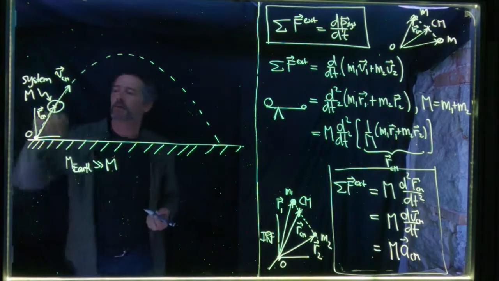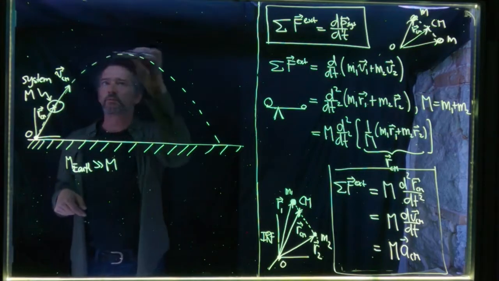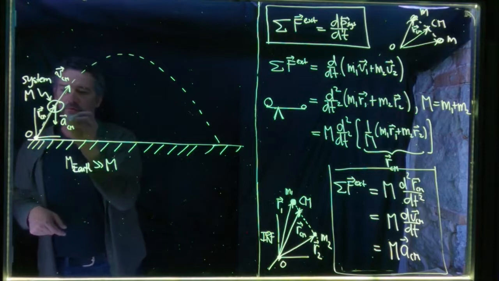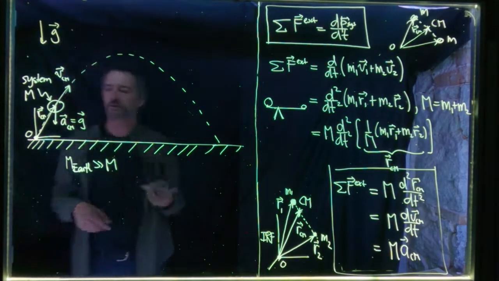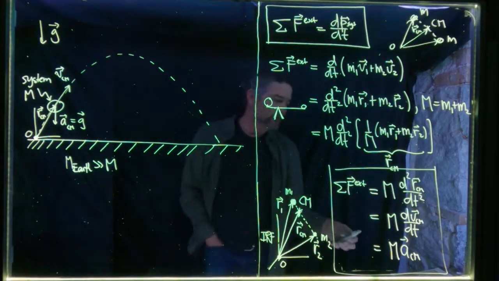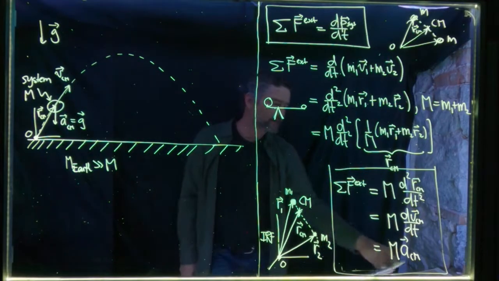And of course, that center of mass point is accelerating because that velocity is changing, while the acceleration of the center of mass point, well, that's just g. We're on the surface of the Earth with a gravitational acceleration g. So what we're saying is that, yes, the center of mass point is accelerating. What is causing that acceleration?